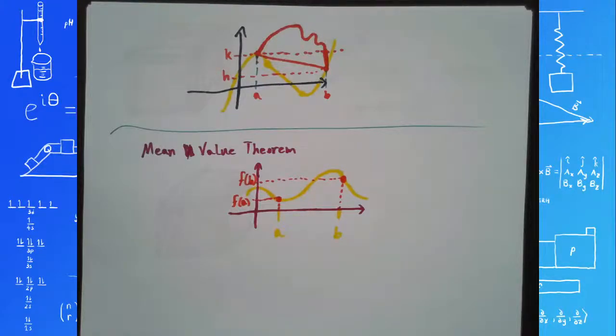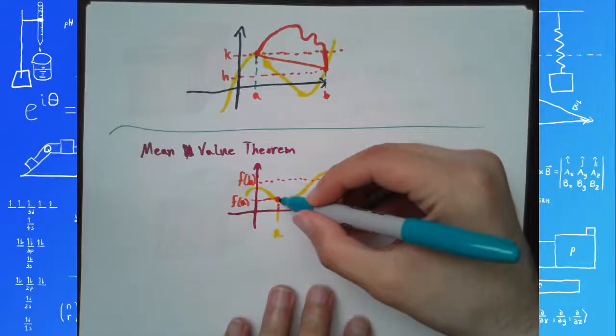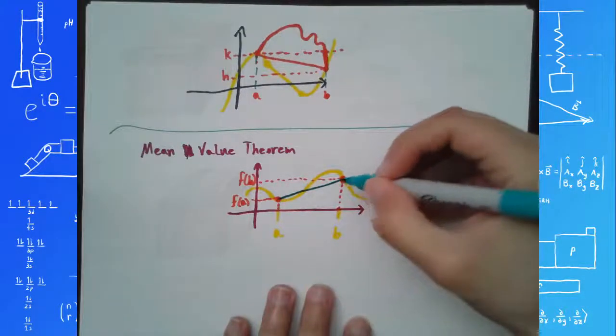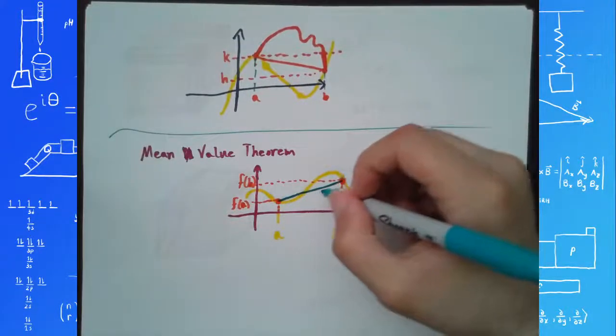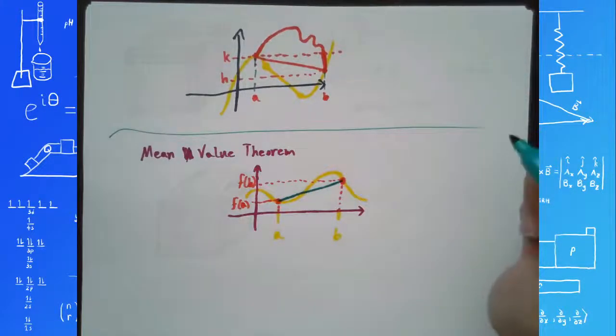So the mean value theorem tells us what? The mean value theorem tells us that the slope of the secant line between a and b is equal to the slope of the tangent line at at least one point on the way from A to B. So if I go ahead and draw the secant line, which is going to be that line, at some point the tangent of the graph is parallel to that green line.